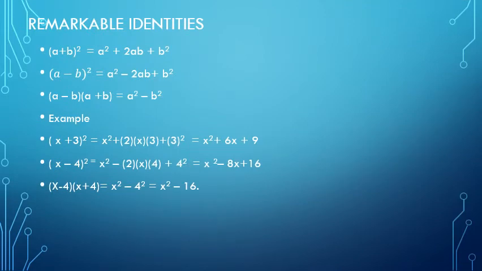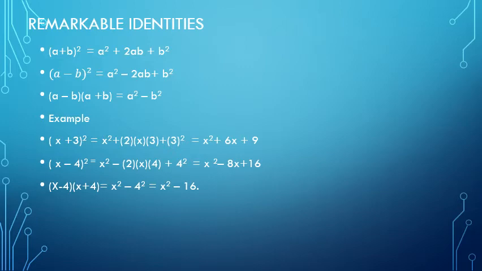Remarkable identities are rules that we can use by memorizing them to factorize and expand some algebraic expressions. Remarkable identities are more than these, but today we're going to learn 3 of them, which are a plus b all squared. Its answer is a squared plus 2ab plus b squared. We got this answer by multiplying a plus b times a plus b, so we multiply it by itself.